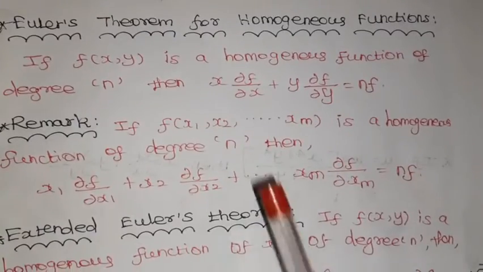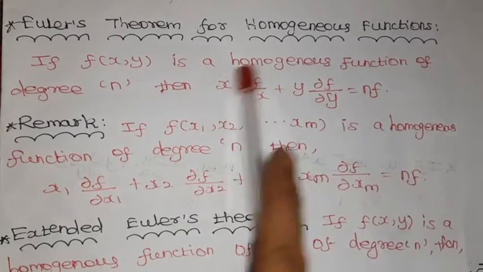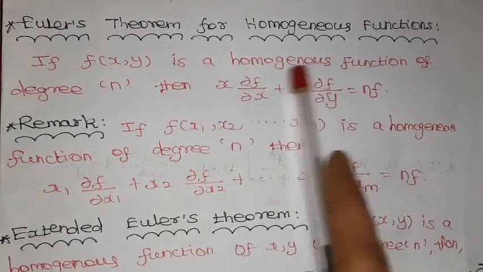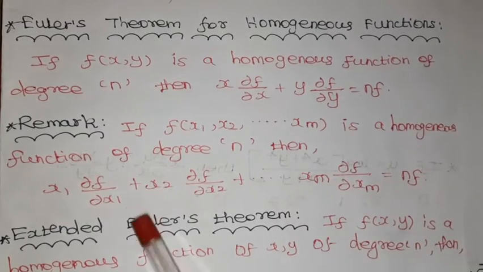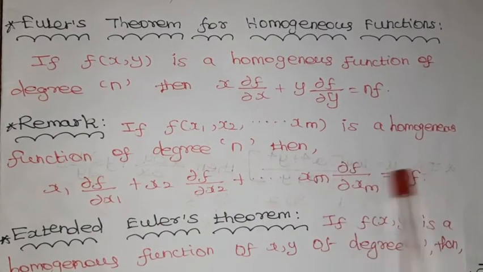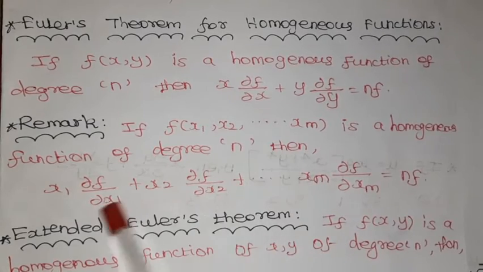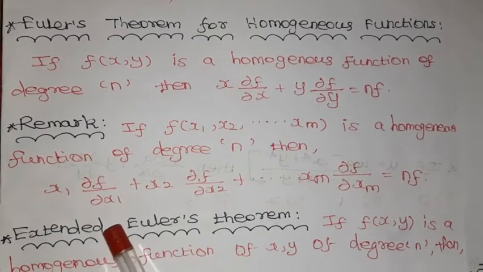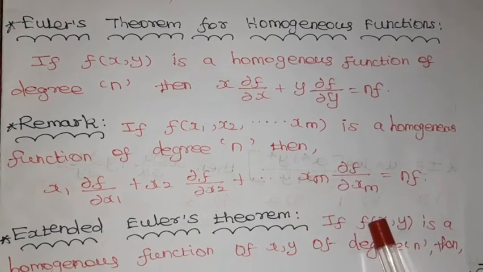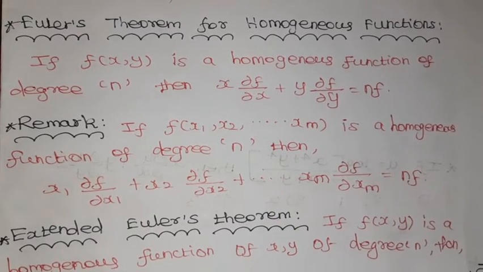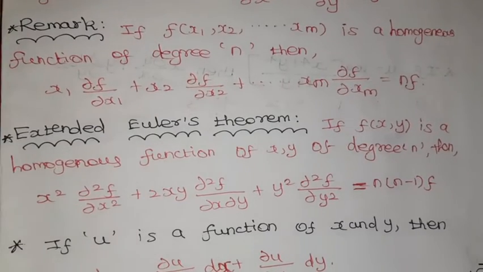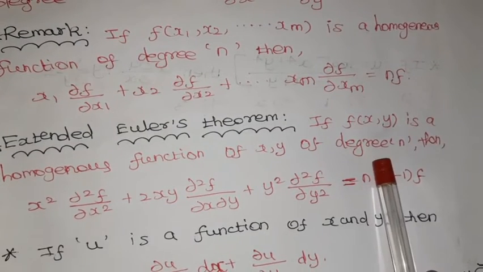So if it is a function of x comma y of degree n, then this is Euler's theorem for homogeneous functions. If f of x1, x2, up to xm is a homogeneous function of degree n, then x1 dou f by dou x1 plus x2 dou f by dou x2 plus up to xm dou f by dou xm equals n f.